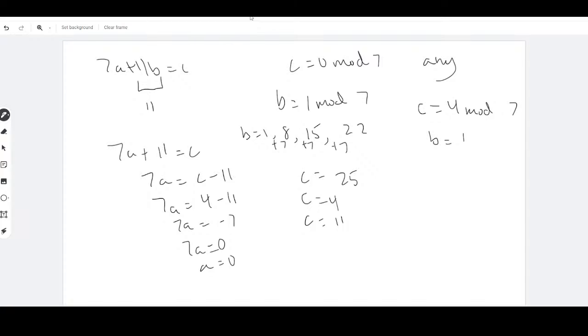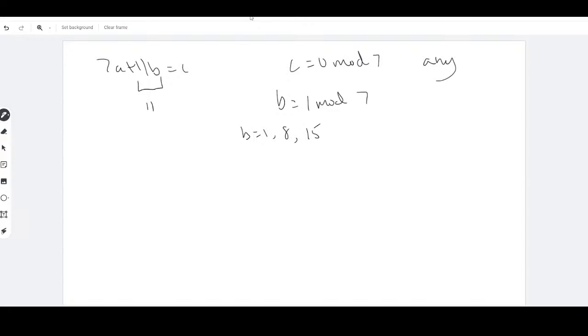Okay, so our whole conclusion for just this part is, if C is 4 mod 7, we can get any C except for C equal to 4. So we can get any of these as long as C is greater than 4.